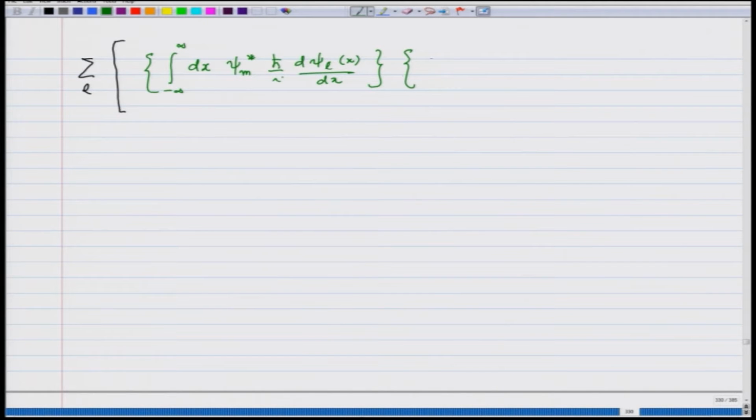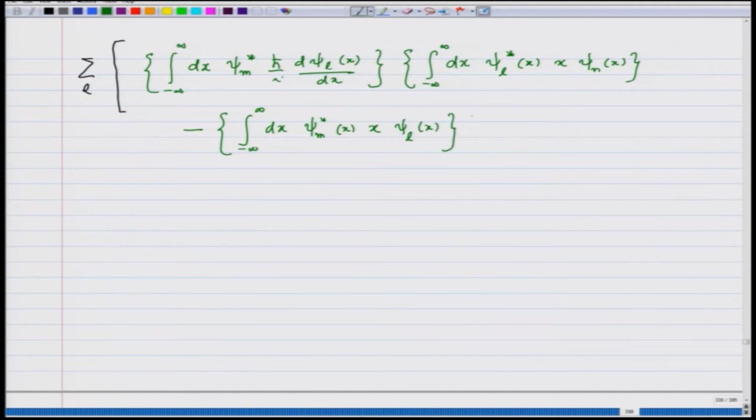Second one is integration minus infinity to infinity dx prime, but since it is a dummy variable, I can still write this as dx psi L star x x psi n x, minus integration minus infinity to infinity dx psi m star x x psi L x and integration minus infinity to infinity dx psi L star x h cross over i d by dx of psi n x, big bracket.